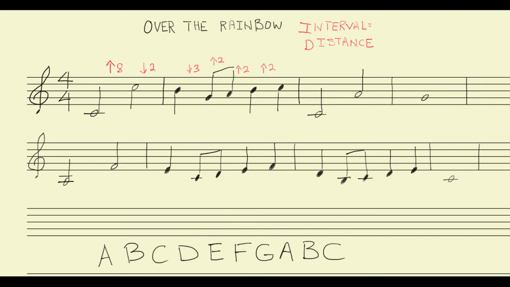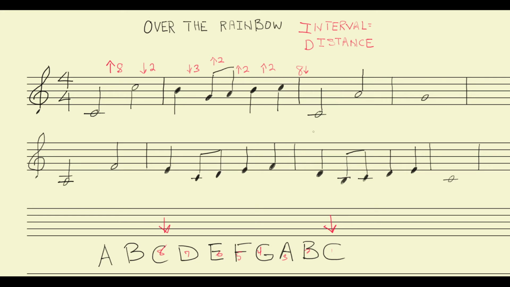And again, if I go down to my letter names in the bottom here, going from C to C, we go 1, 2, 3, 4, 5, 6, 7, 8 notes down. We go the interval of an octave down.